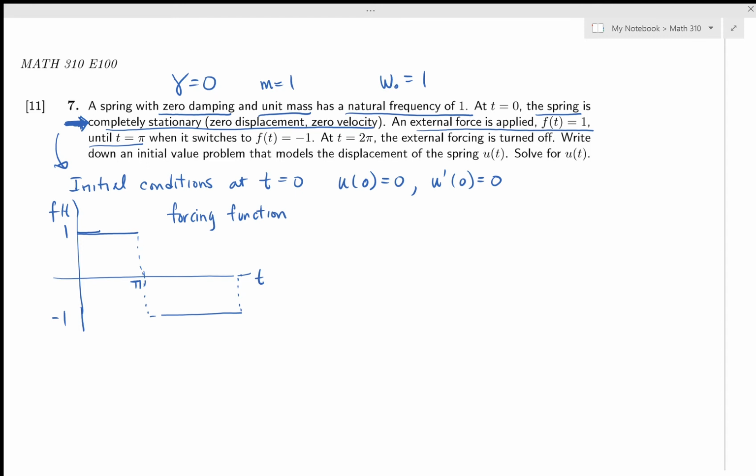I'm immediately thinking that I'm going to be using the Laplace transform, because none of my other methods will work with this type of forcing function. Now that I've made that decision, the next step would be to represent f of t in terms of the unit step function.